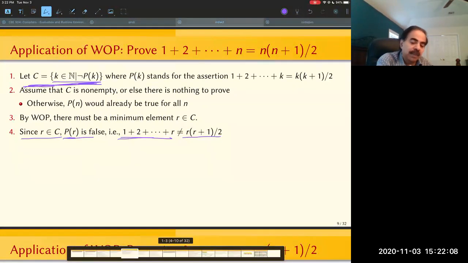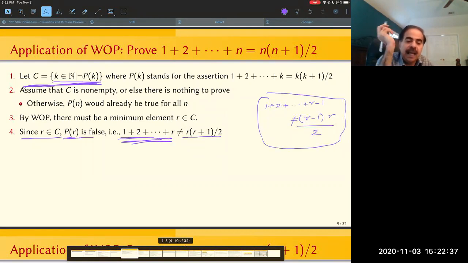So after that arithmetic manipulation, we'll show that it's also the case. Essentially what we will do is subtract R from either side of this equation, and then we will end up with something like this.